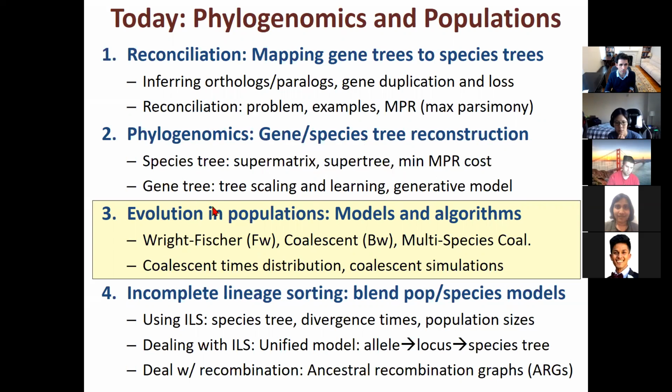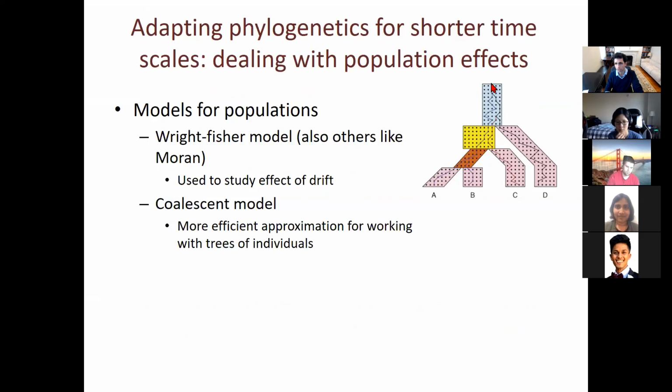Let's now switch gears and look at evolution in the context of populations. Again, the evolutionary processes that we've talked about are not simply between a single individual that then decides to become a rat or a dog and so on and so forth, but it's a population of individuals that are evolving.